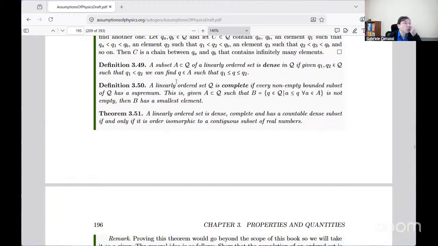And then a linear order is complete if every non-empty bounded subset has a supremum. So given an A, you take all the elements that are greater than all elements of A, those are the upper bounds, and then you say that set is not empty and has a smallest element.